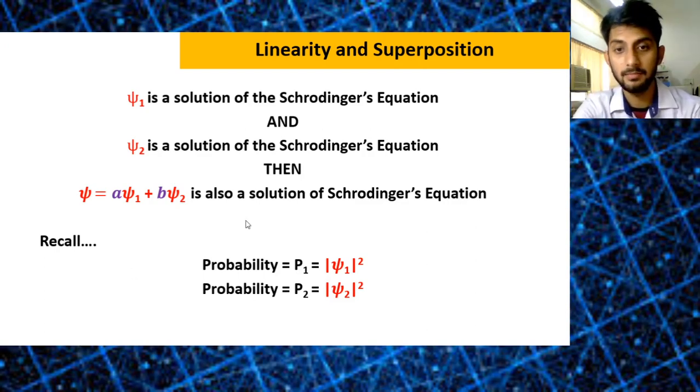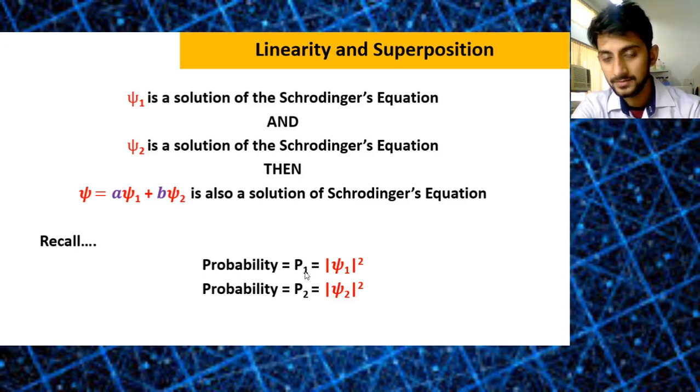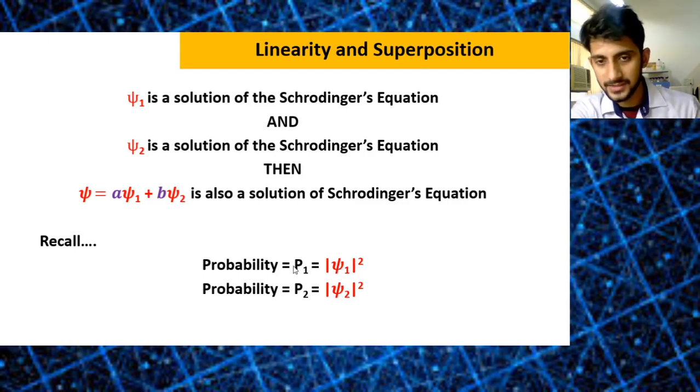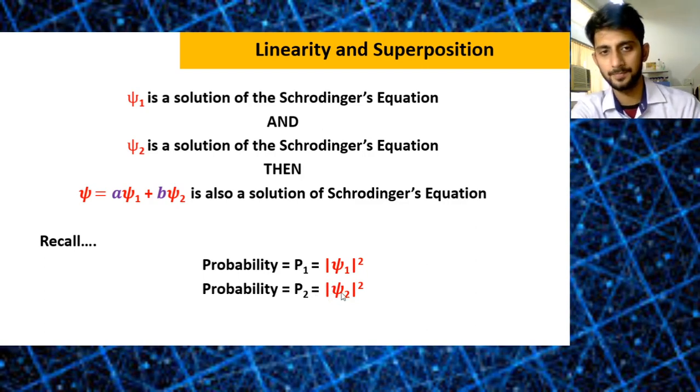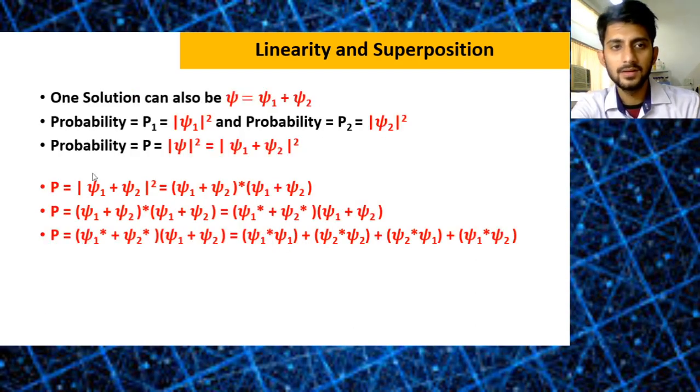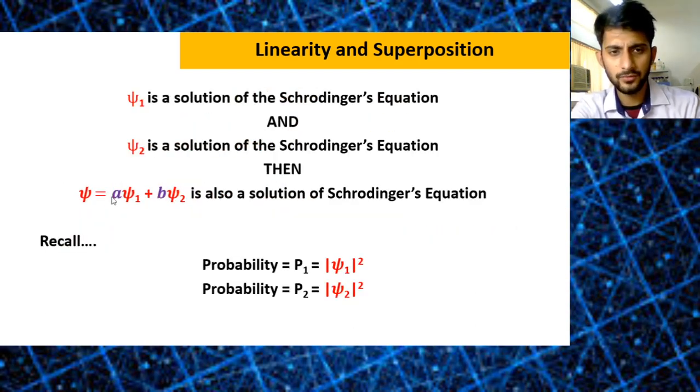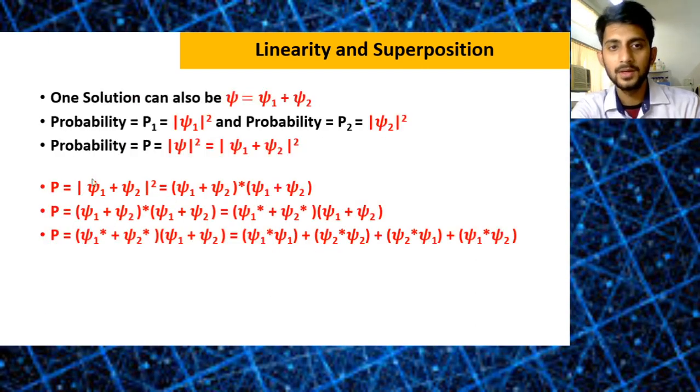OK, so let's come back. Probability P1, as I told you in our lecture 1, is given by mod psi squared. So if your wave function was in state 1, let's say psi1, the probability associated with that particular state is P1 given by mod psi1 squared, and the probability associated with another state psi2 is given by mod psi2 squared. Now, from the linearity principle, one solution can also be this: if I take a and b equal to 1, I can write psi equals psi1 plus psi2.